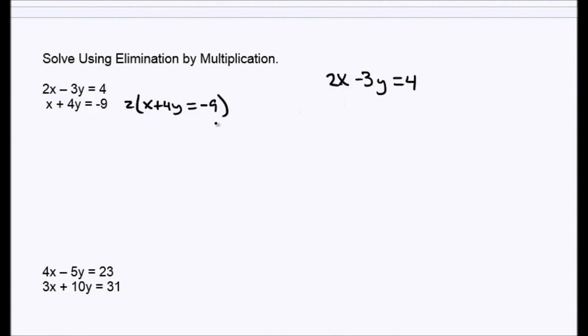Sorry, this is my first equation. If I multiply everything by 2, then I'll get 2x plus 8y equals negative 18. Just distribute.